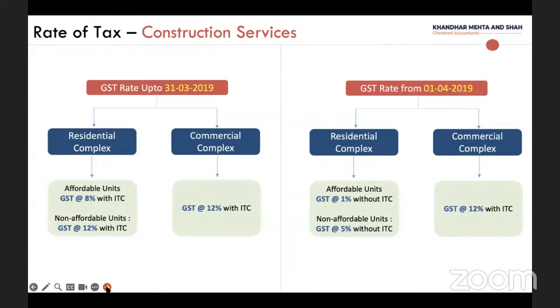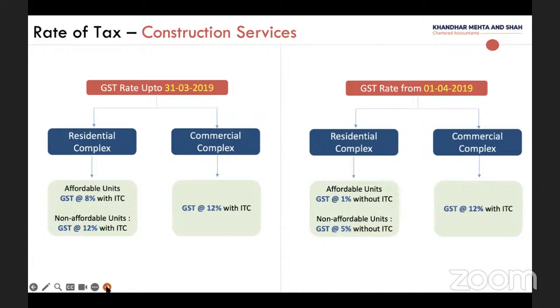So having understood the basics of taxability, let's get into the applicability of GST. That was right from July 2017 till 31st of March 2019. What happened was that GST was applicable on the residential unit at an effective rate of 12%, by reducing one-third of the land value.